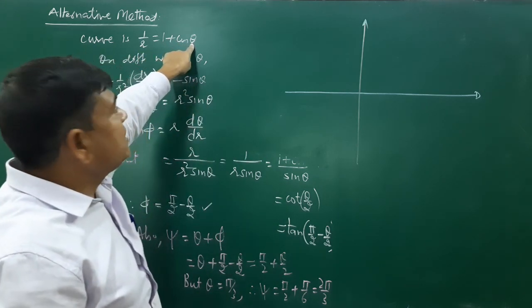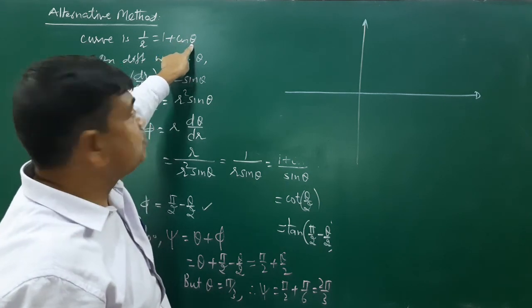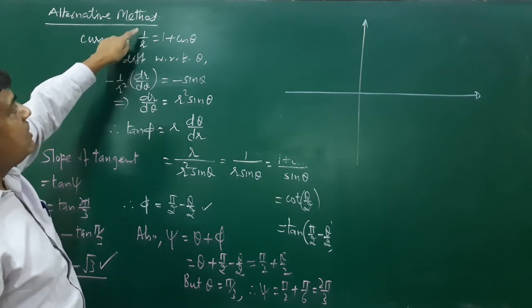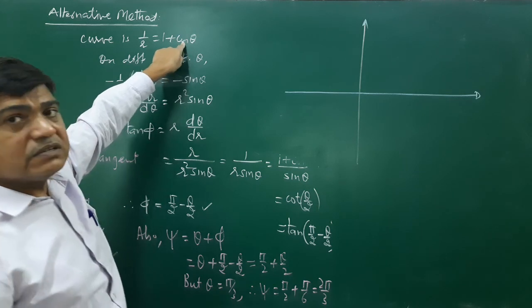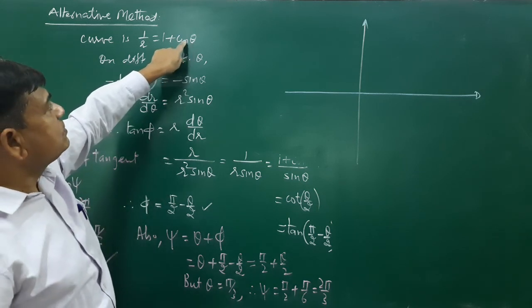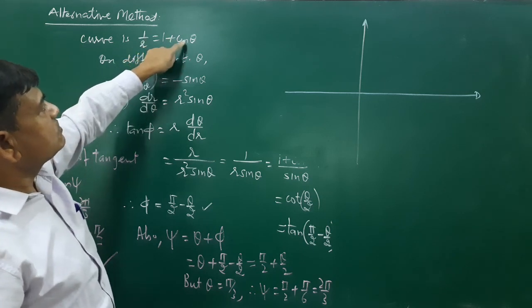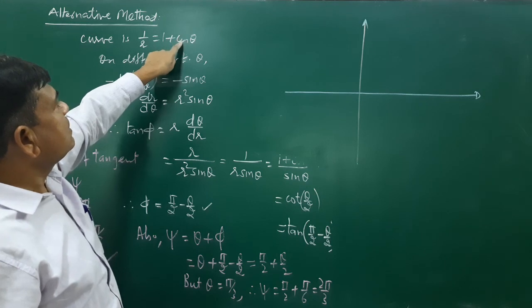When theta is 0 degrees, cos 0 is 1, and 1 plus 1 is 2. So 1 by r is 1 plus cos theta, that is 2, so r is 1 by 2.